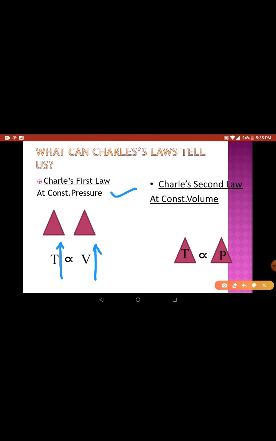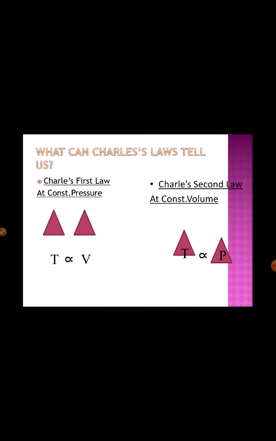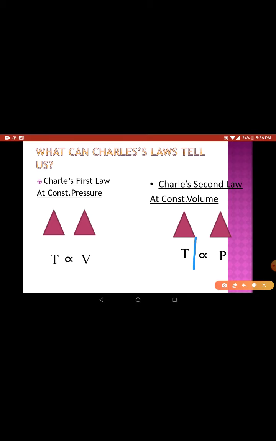These two are directly proportional to each other, right? Coming to the second law, it is valid at fixed volume. Suppose you have a gas that you have fixed the volume as a constant, right? Now what you're doing, you're simply increasing the temperature. So when you increase the temperature, then the pressure also increases. So these are linearly varying. If you increase the temperature, then pressure also increases.